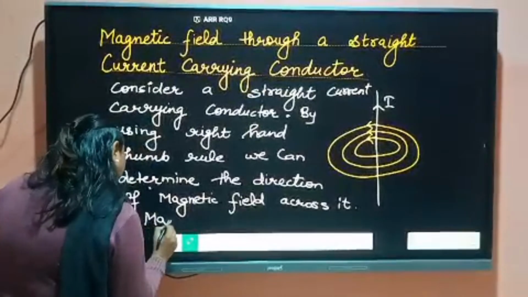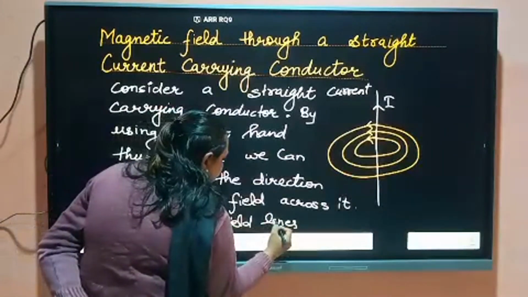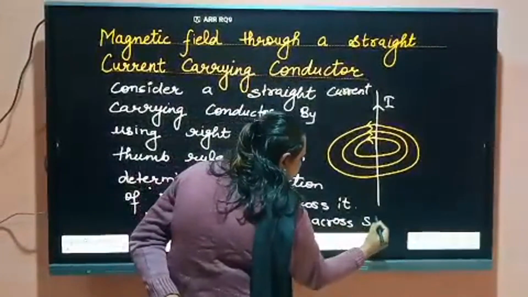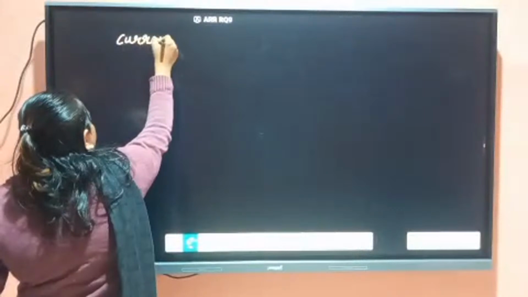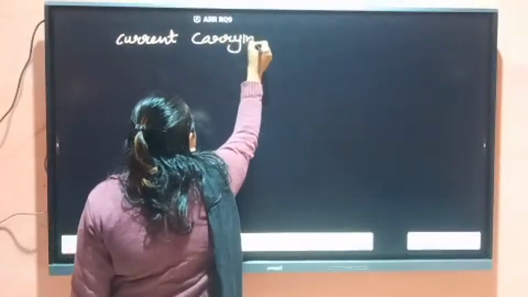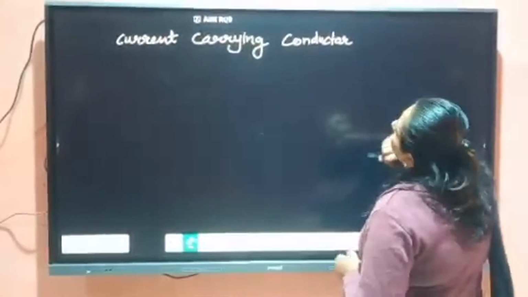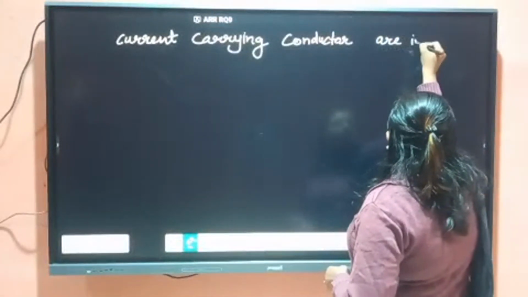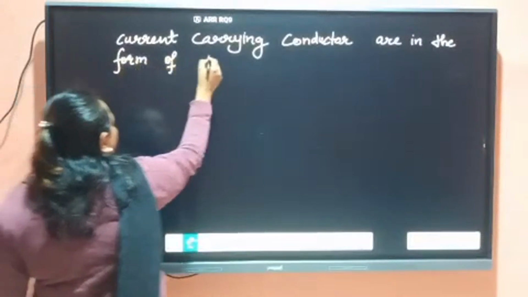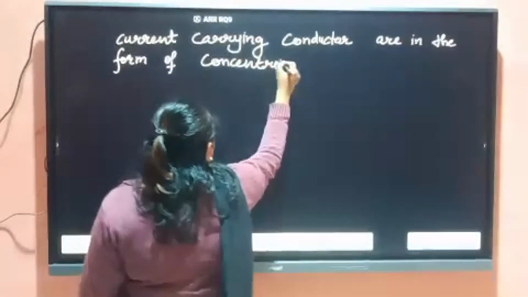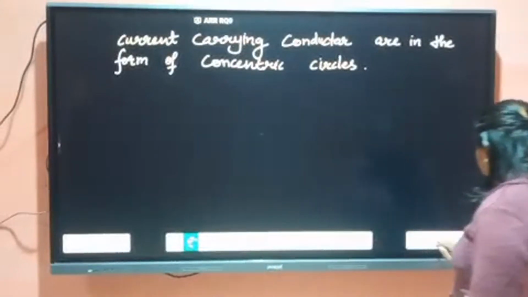Okay. So magnetic field lines across a straight current carrying conductor are in the form of concentric circles.